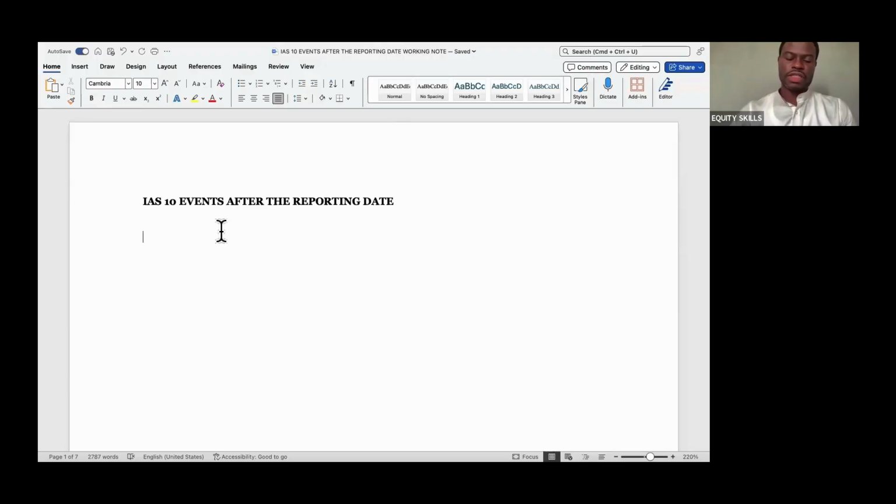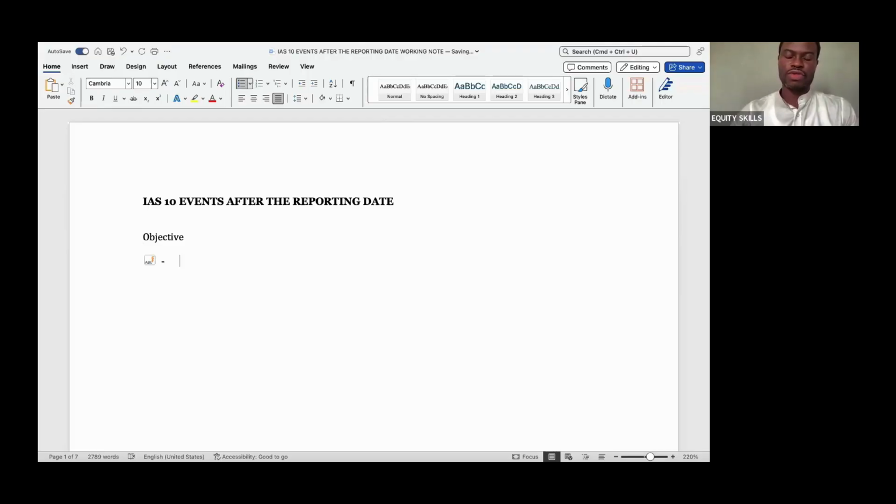So the first thing we really need to establish for this standard is the objective of this standard. And the objective of this standard, there are two.